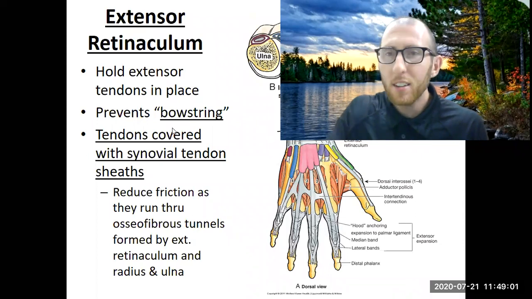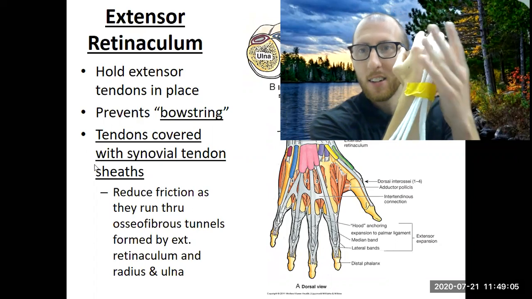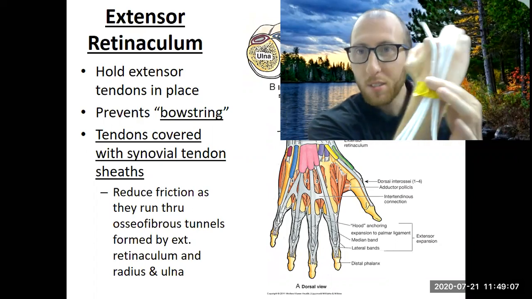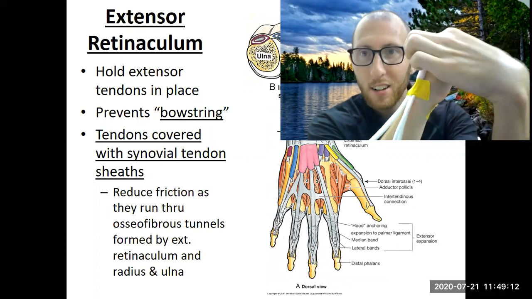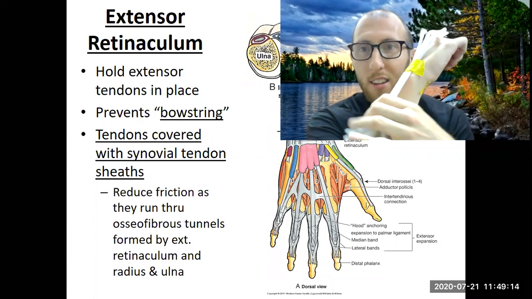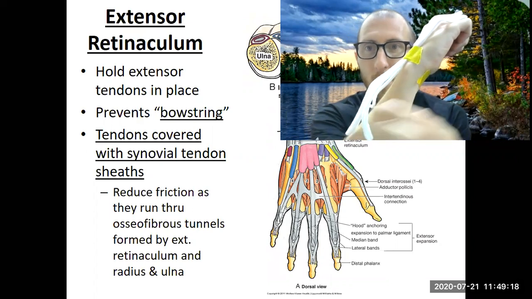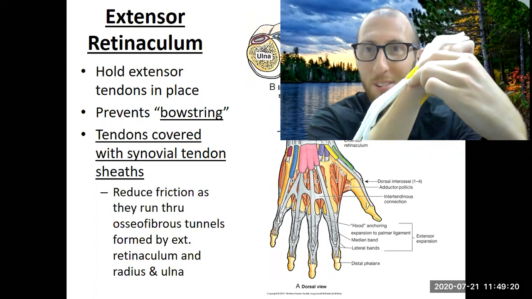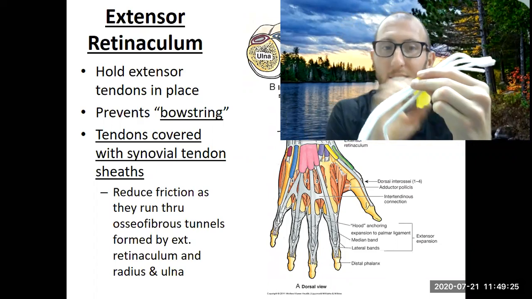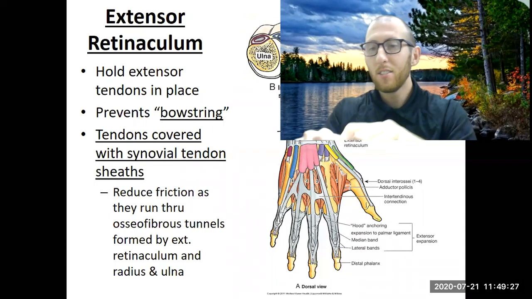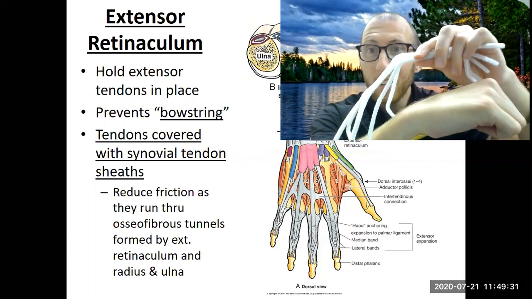So what does that mean? Well, if you look here again, these would be like the tendons, and the piece of tape holds them tight to my wrist. If that piece of tape wasn't there, and you contracted these muscles and these popped out like this, they would pop off the wrist and they would bowstring up like this.